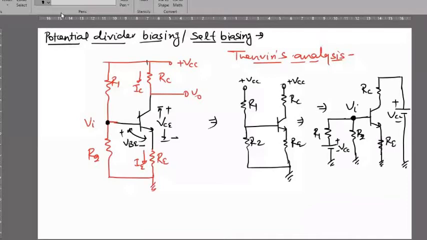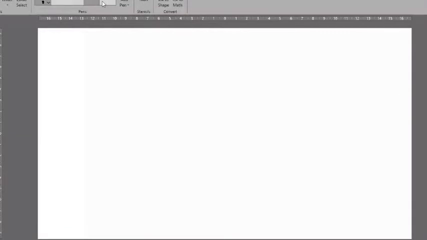Then we can calculate the equivalent resistance first. So I'll calculate the equivalent resistance of this network. We can remove the voltage source by short circuiting it. From the terminal side we can see the resistances R2 and R1.